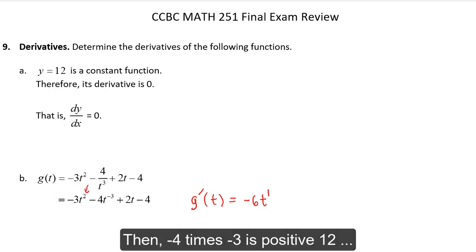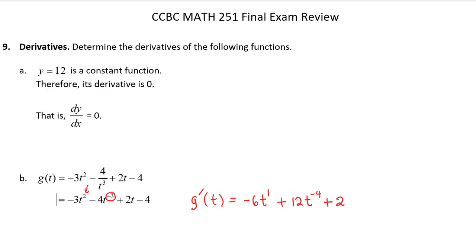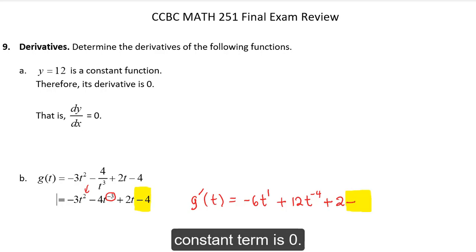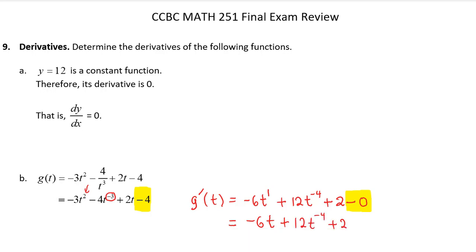Then negative 4 times negative 3 is positive 12t raised to the negative 4, as negative 3 minus 1 is negative 4. The derivative of 2t is 2, and the derivative of this subtracted constant term is 0.